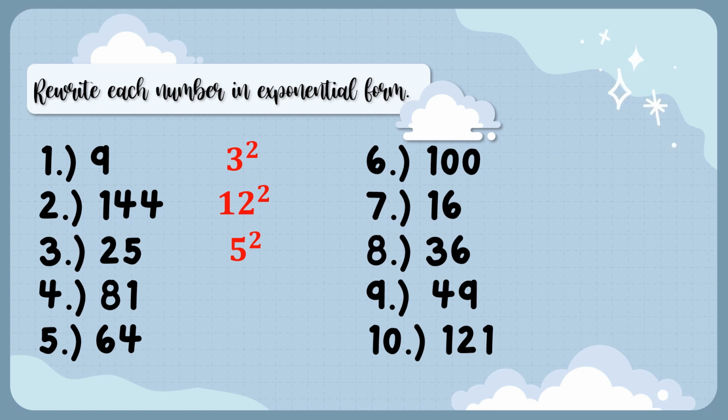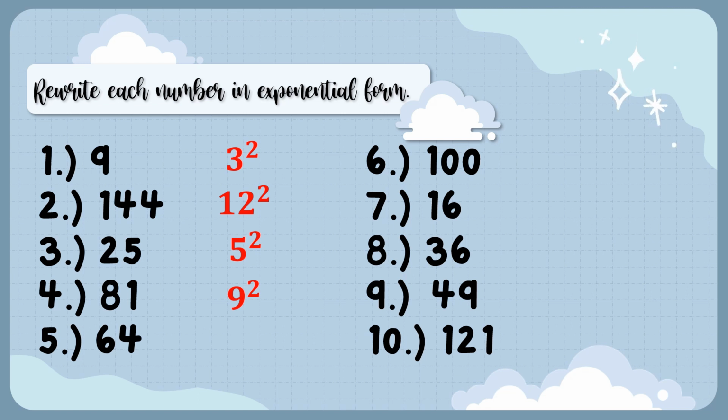Now, let's proceed to number 4. Number 4, we have here 81. The exponential form of 81 is 9 squared. Because, again, when we expand 9 squared, that becomes 9 times 9. And 9 times 9 is equal to 81.